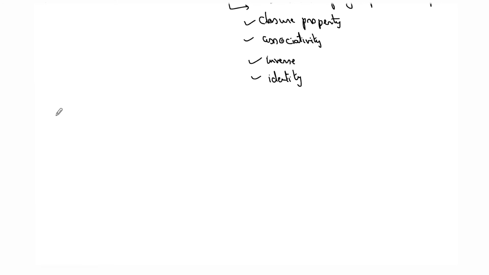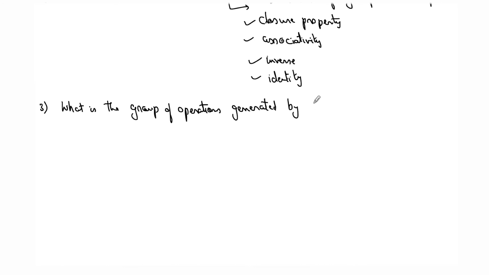So now let's ask, the third question is, what is the group of operations which are generated by Sn if n is even or n is odd?